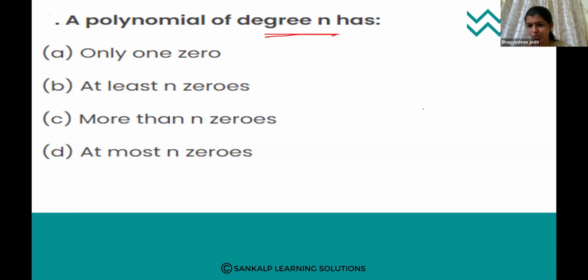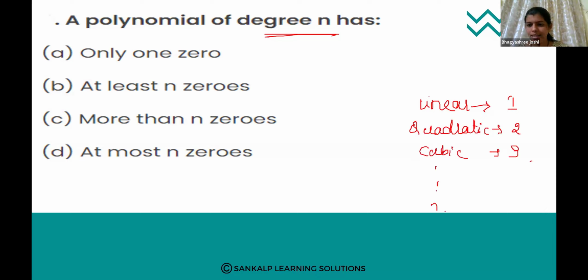For linear polynomial, okay, remember, for linear polynomial, how many zeros will it have? 1 zero. For quadratic, how many zeros does it have? It has 2 zeros. For cubic, how many will there be? 3. Like that, when the degree is n, it has n number of zeros.